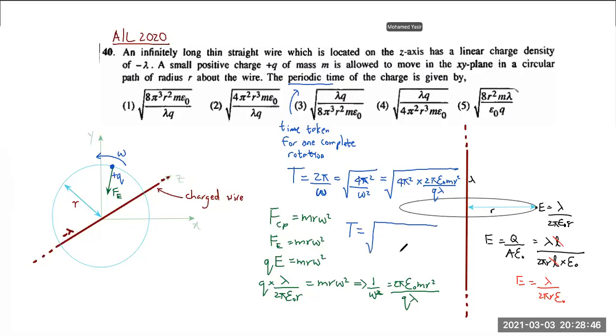Which answer do you think is correct? 8 pi cube, isn't it? Pi squared into pi cube. R squared is there. M epsilon naught divided by, instead of q lambda, they have given lambda cube. What is the answer? First one.